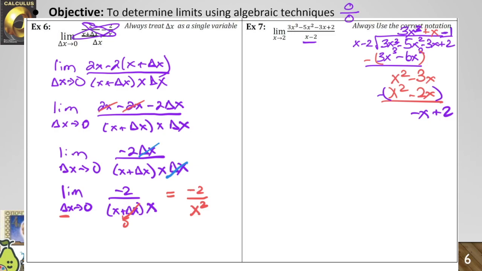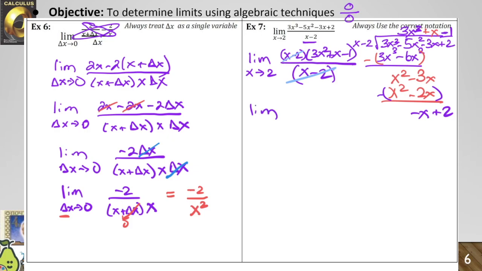So when I rewrite my problem, keeping my limit notation, I have x goes to 2, the quantity x minus 2 times that quadratic 3x squared plus x minus 1 all over x minus 2. Very conveniently, the x minus 2's do cancel out as expected.